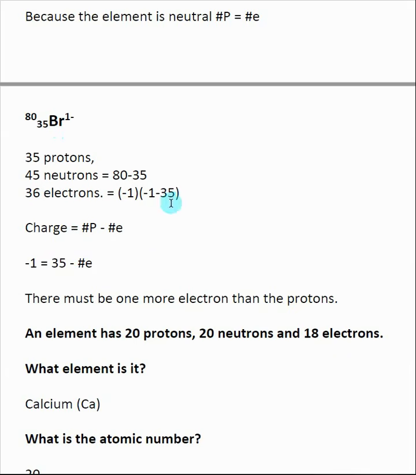This is a formal way of doing it, but you've got to remember that the charge is equal to the number of protons minus the number of electrons. And if we know that the charge number is minus 1, and we know that we have 35 protons, then the number of electrons must be 36. So you can either do it conceptually, or you can do the mathematical version of it, but either way will give you the right number of electrons.